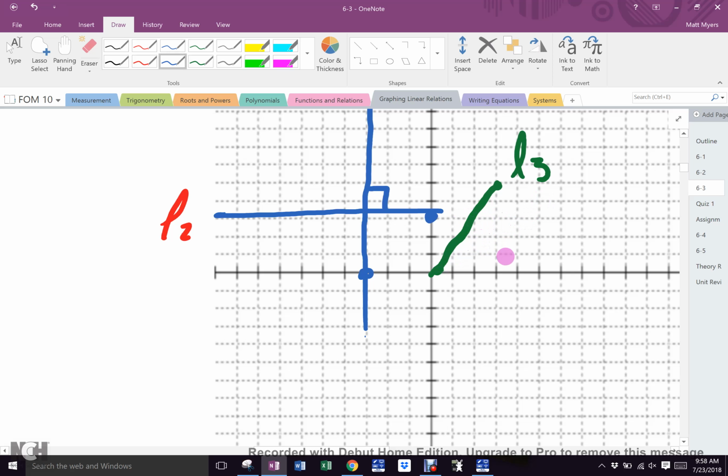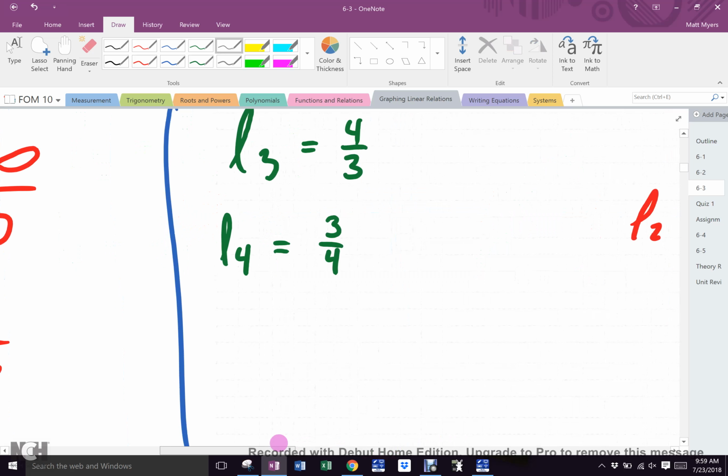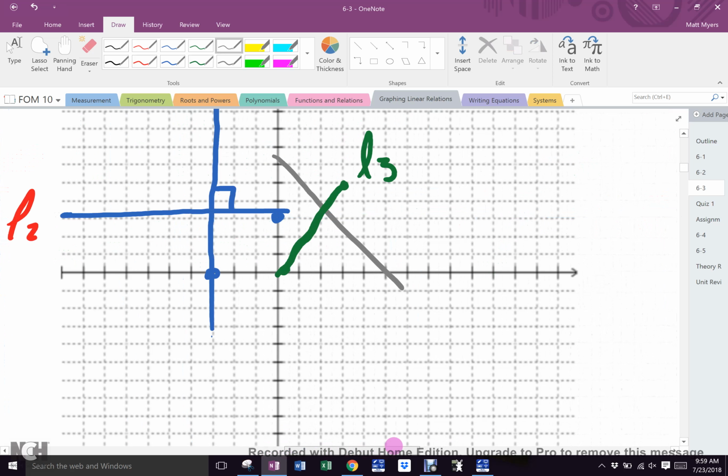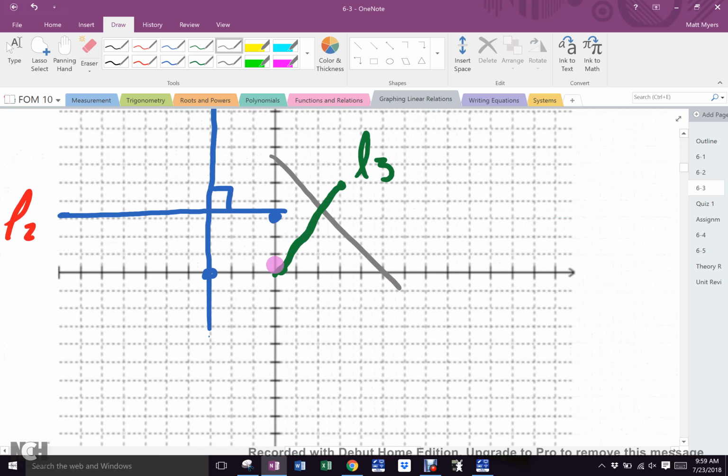So I must recognize that the line that I am seeking has to cut through this line this way, yes? To make 90 degrees, which means not only must I flip the fraction, what must I do to the slope? This slope was positive, this slope must be negative.